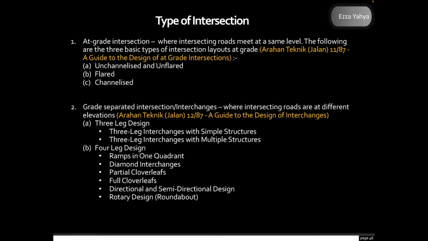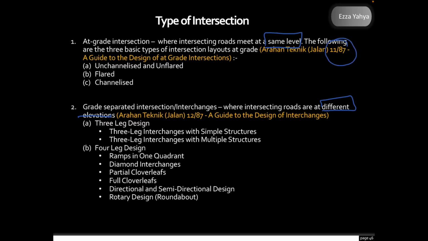Okay, type of intersection will be divided into 2. One is the at-grade intersection. Another one is the grade separated intersection or interchange. At-grade intersection is where intersecting roads meet at the same level. When they are at different elevation, we call it interchange or grade separated intersection. So for both intersections we can refer further to the arahan teknik jalan.